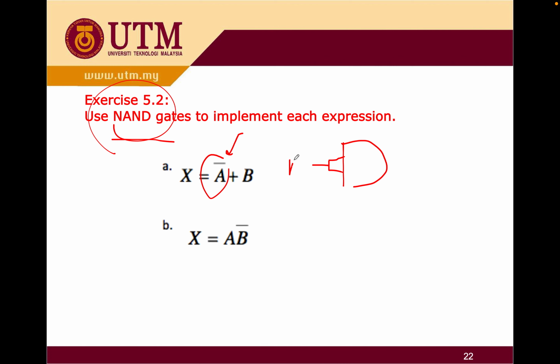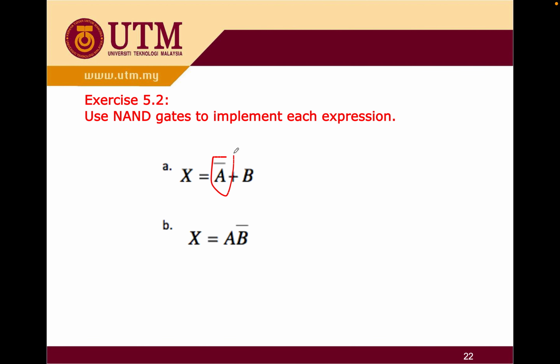So this is my A. Sorry, it's quite ugly. I forgot to bring my pen back home. So here, after that, you need to have an OR gate with the B.